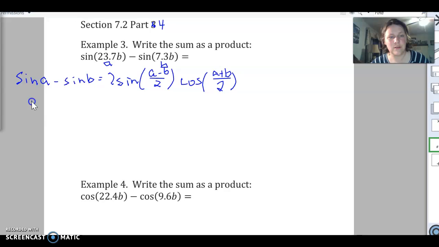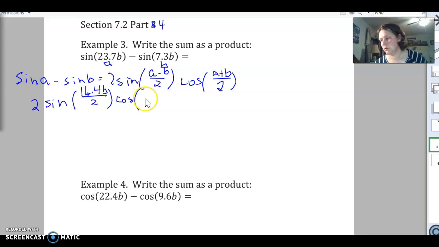So now we have 2 sine of A minus B. I already calculated all these, so A minus B is 16.4, over 2, which is 8.2, and then cosine of A plus B, which is 31b, over 2.